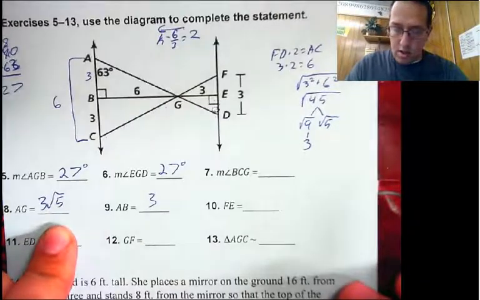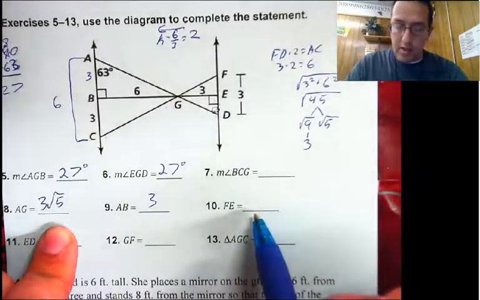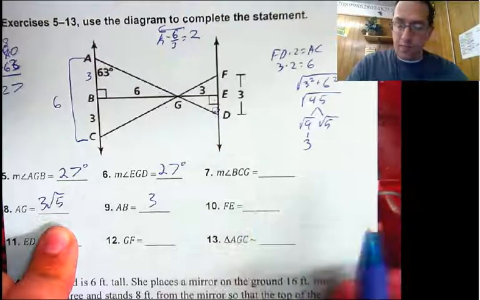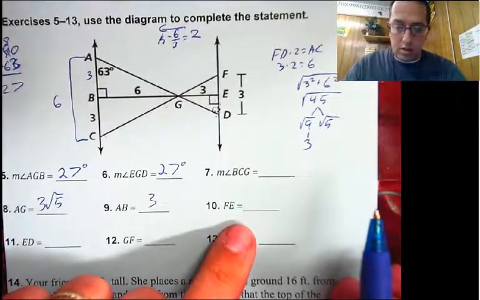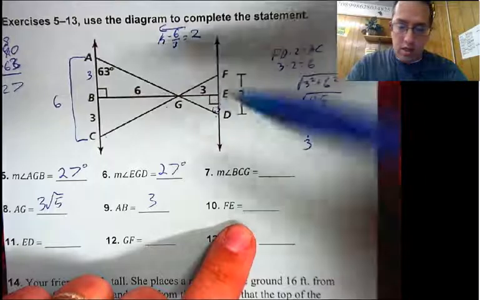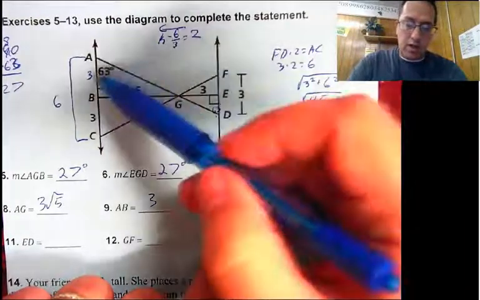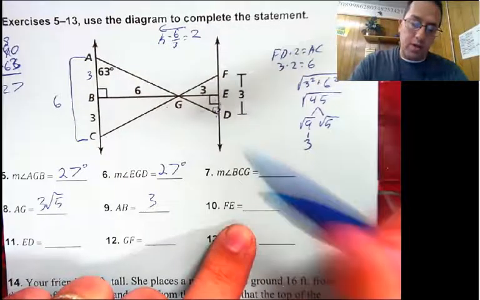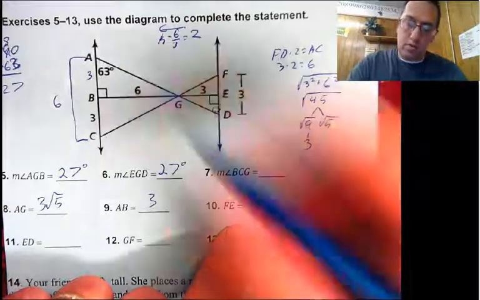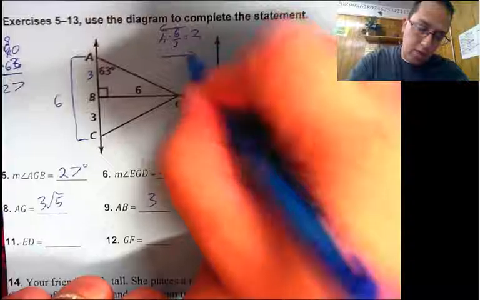All right. Now we need to find the length of FE. FE is this piece right here, so that's going to correspond with that piece there. Well, now I'm going from big to little, so I'm not going to multiply by 2. Now I'm going to divide by 2. Or take it the other way around.